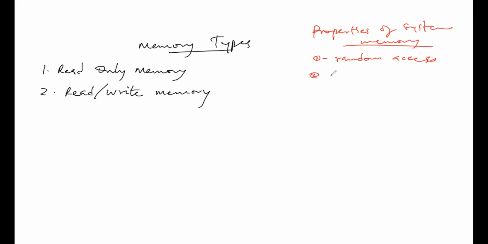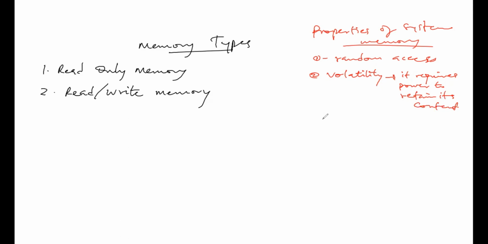Another property is volatility. Hope I'm correct. Okay. Now, a volatile memory requires power to retain its content, right? Means it requires power to retain its content, right?